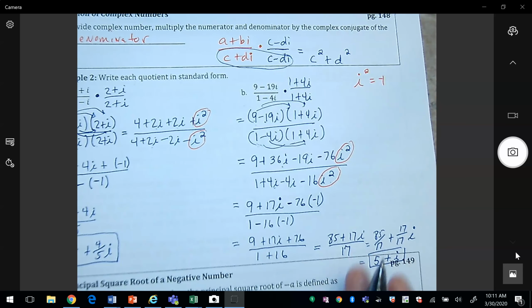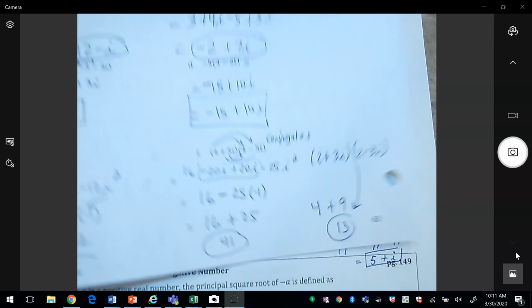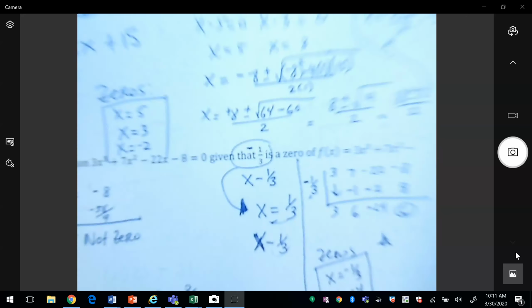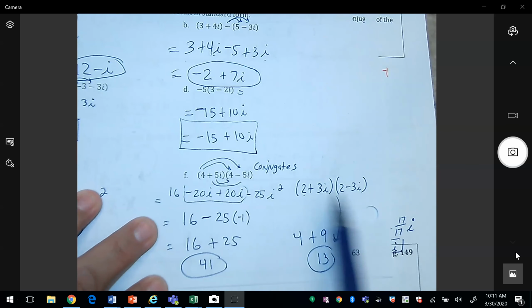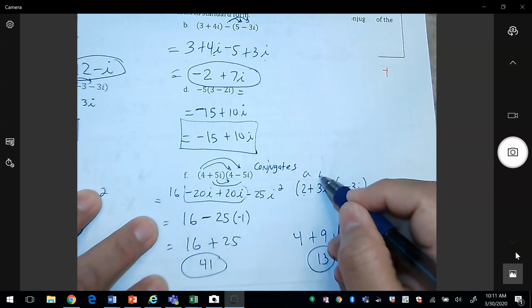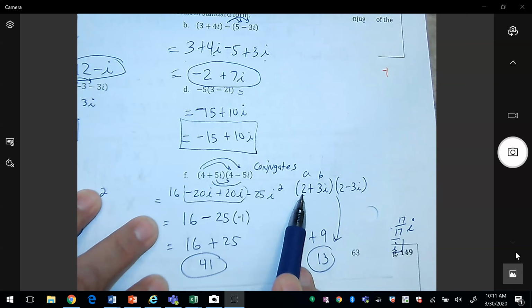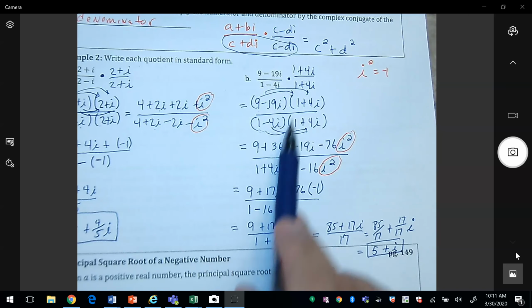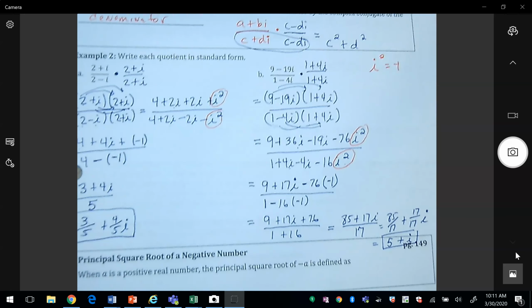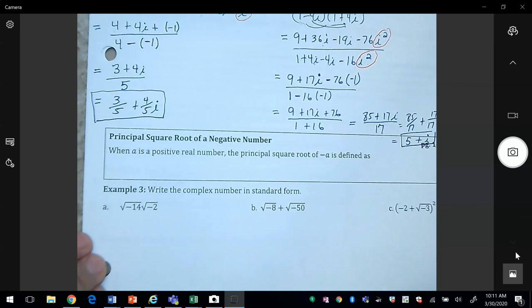For example, in the previous example, whenever this is your a and this is your b, the result is 2 squared, which gives me 4, and b squared, which gives me 9. So then we add these to get 13. Or you can just multiply as I did in these two examples. Okay, so let's move on to the next part.